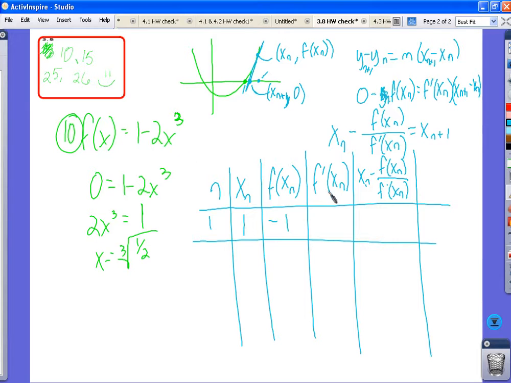Okay, well, apparently we need f prime, so let's find f prime. Negative 6x squared. So what's the value of f prime at 1? Negative 6. So if we take 1 minus negative 1 over negative 6, it's 1 minus 1/6, 5/6. So that's our second guess, 5/6.